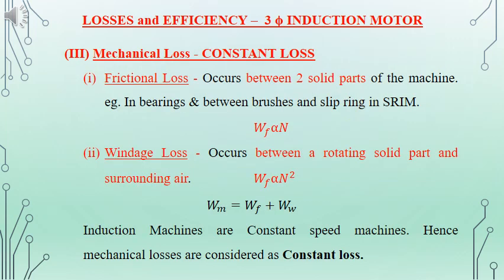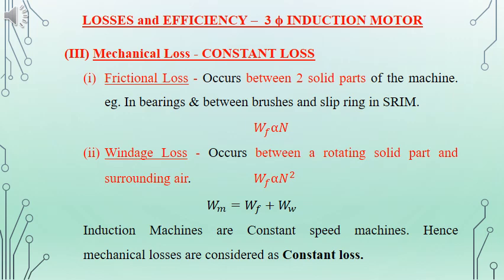The third set of losses that can happen in an induction machine is the mechanical loss. Here we will have to consider the frictional loss as well as windage loss. Frictional loss is the loss that occurs between two solid parts, and windage loss is between a solid part and the air. Frictional loss is proportional to N and windage loss is proportional to N square.